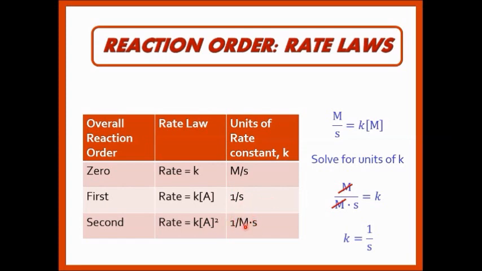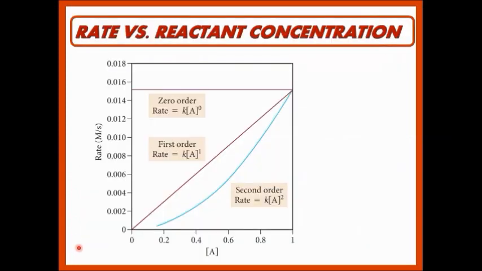The reason this is occurring is because we're increasing the exponent of concentration as we increase the overall reaction order. As the order with respect to a specific reactant changes, we're changing the relationship between rate and the concentration of that reactant.